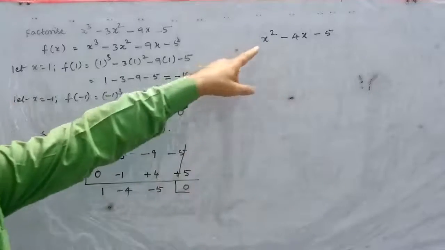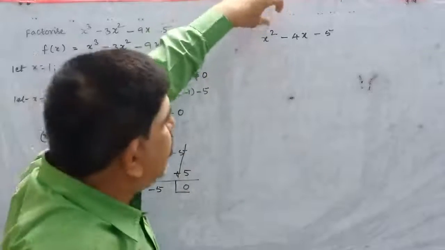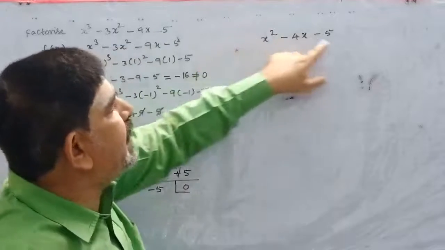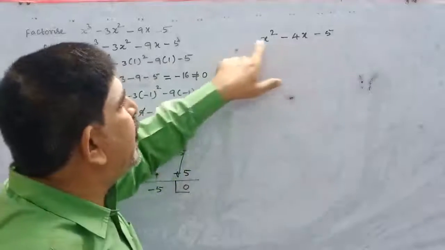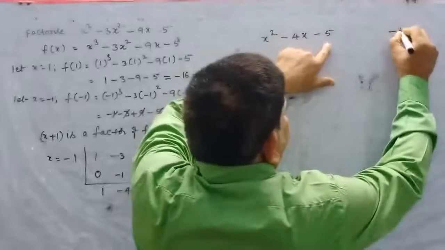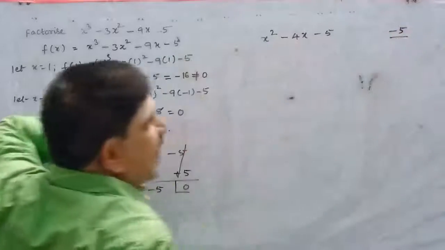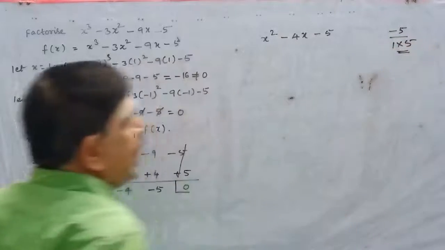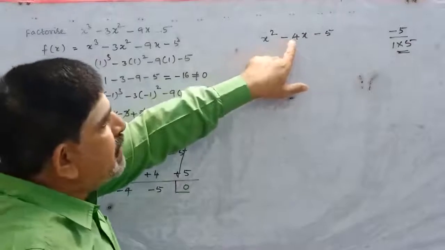What are the factors of this quadratic polynomial? First you take the coefficient of x square and the constant, multiply these two. 1 into minus 5 is minus 5. Write the factors of 5, only 1 into 5. Now here the middle term is minus 4.